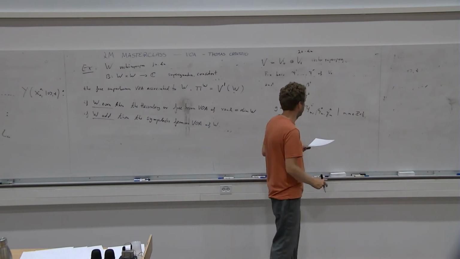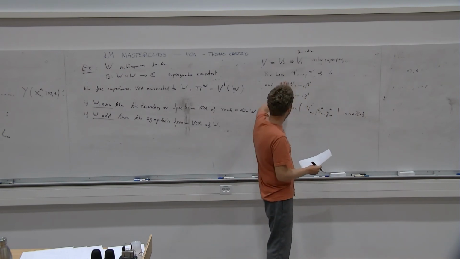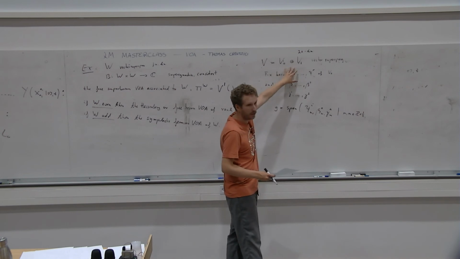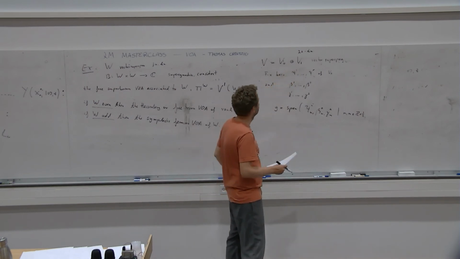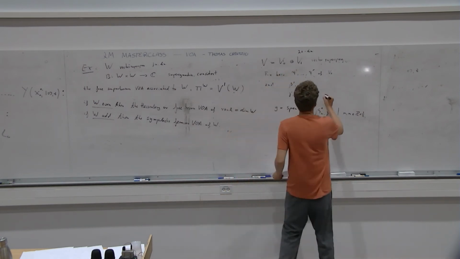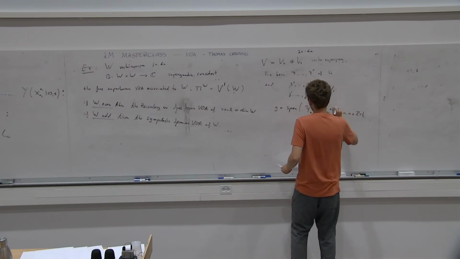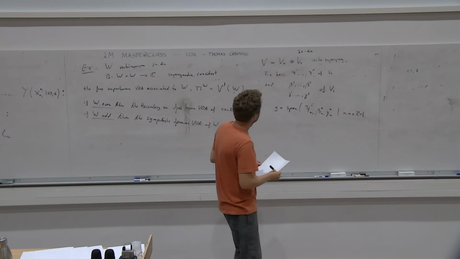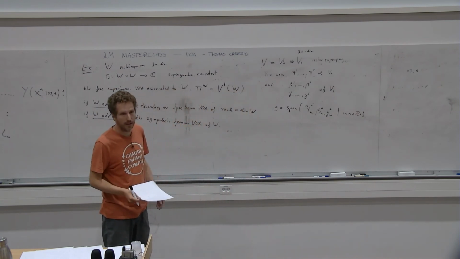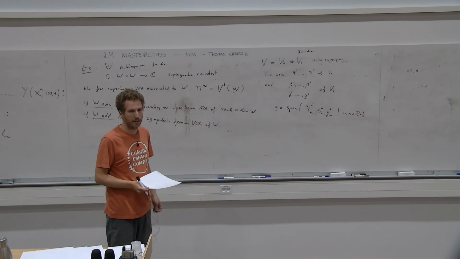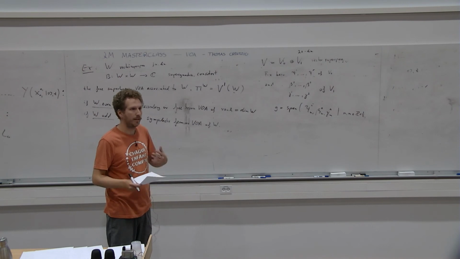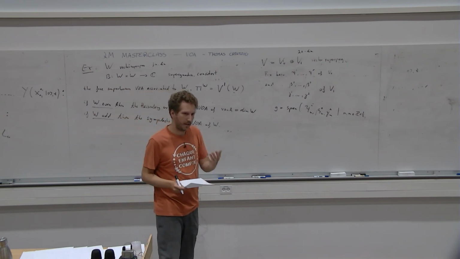Beta and gamma denote a basis of the odd part. What are you doing now? I'm just defining another example of a vertex algebra. So it's the free field examples.